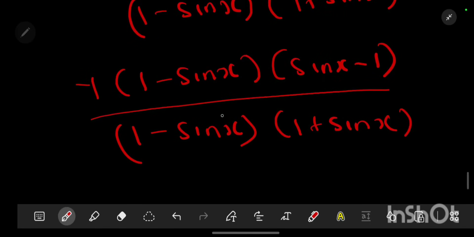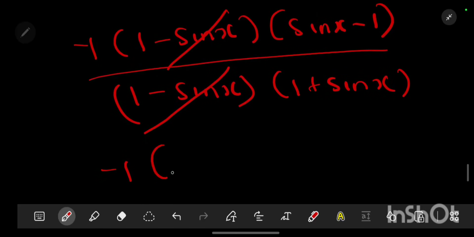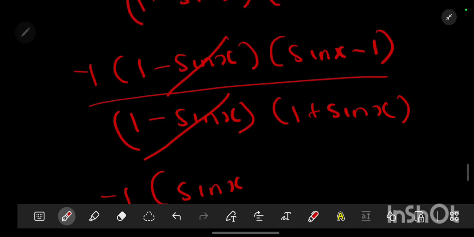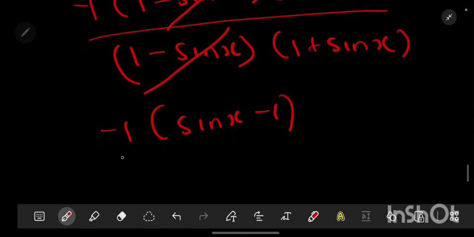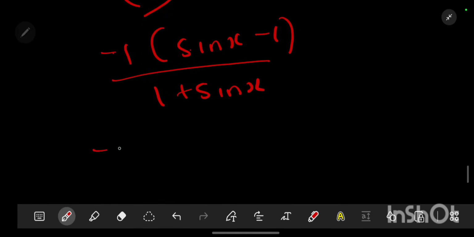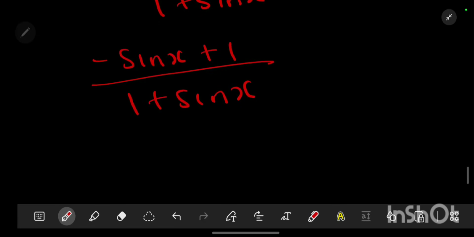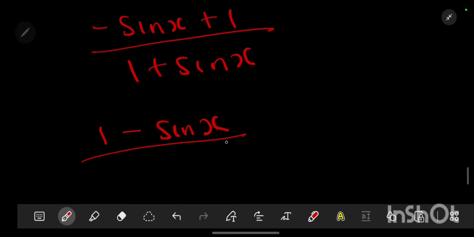So this one and this one go. We are going to have negative 1, open brackets, sine of x minus 1 over 1 plus the sine of x. Opening the bracket, negative 1 by the sine of x will be negative sine of x, and negative by negative will be positive 1, over 1 plus the sine of x. So writing properly, it's 1 minus the sine of x over 1 plus the sine of x.